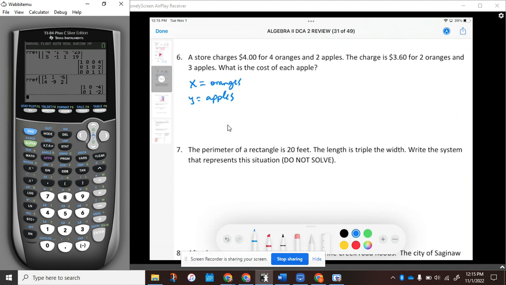How would you put that in math terms? 4x and 2y, right? And what was the total cost for 4 oranges and 2 apples? $4. What about our second purchase? We had 2 oranges and 3 apples. 2x plus 3y, and what was the cost? $3.60.